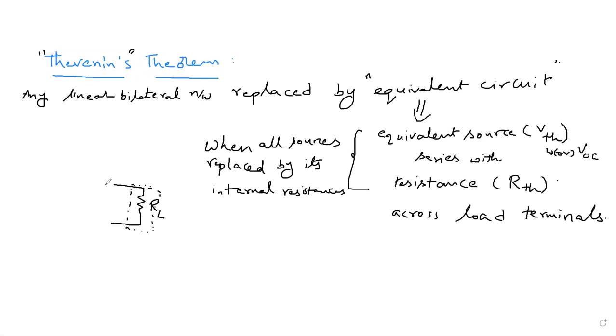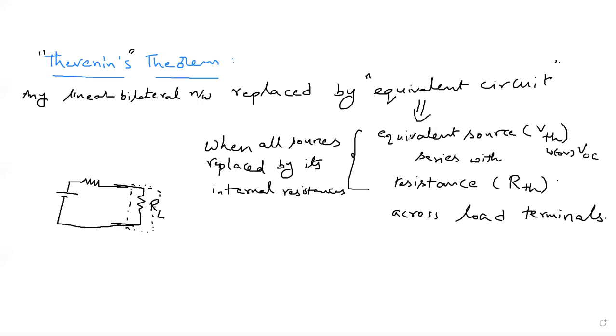Now what is the equivalent circuit consisting of? A voltage source in series with one resistance.